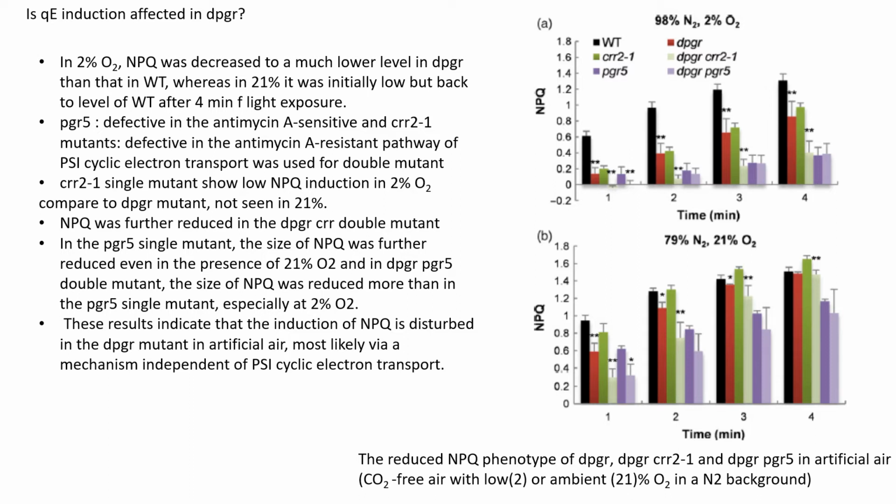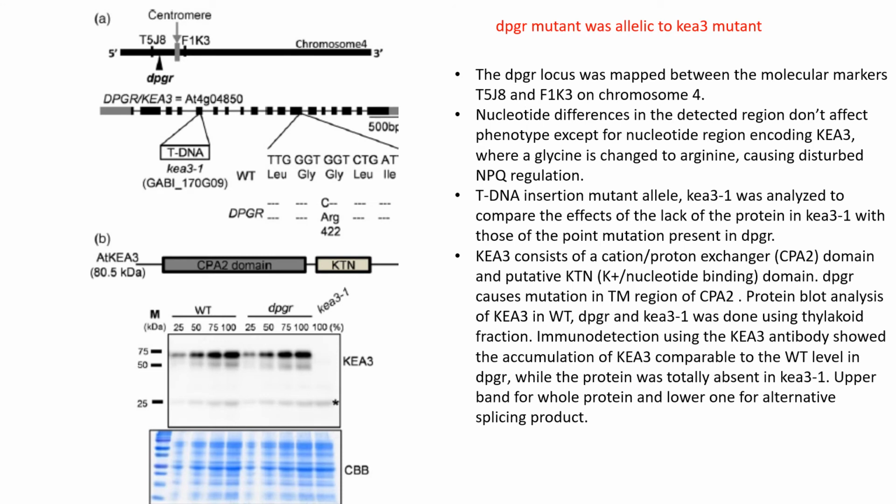The reason why 2% oxygen was used in the low oxygen environment rather than 5% oxygen was in order to characterize further the DPGR characteristics based on chlorophyll fluorescence, in which chromosome 4 was substituted by that of LER.